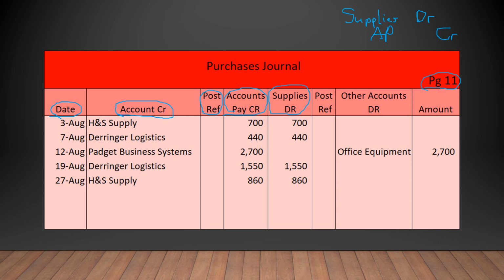On the third row, when equipment was purchased on credit, the supplies debit column was left blank. Instead, the last two columns are filled out. The amount goes in the final column, and the other account being debited in the column prior.